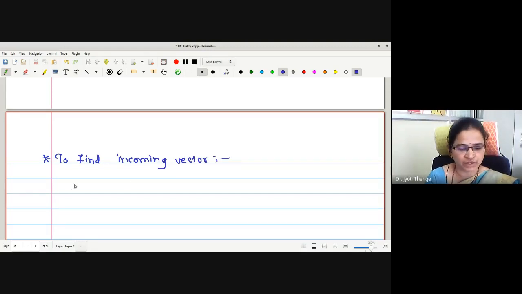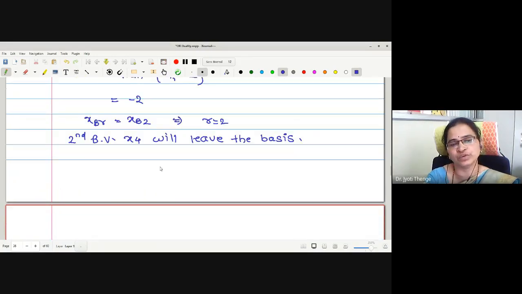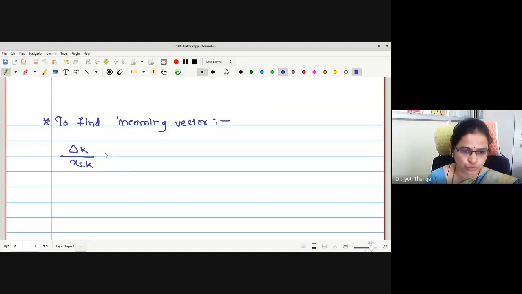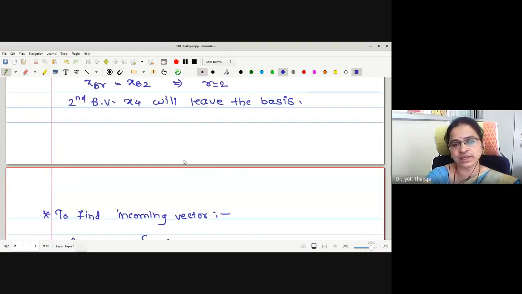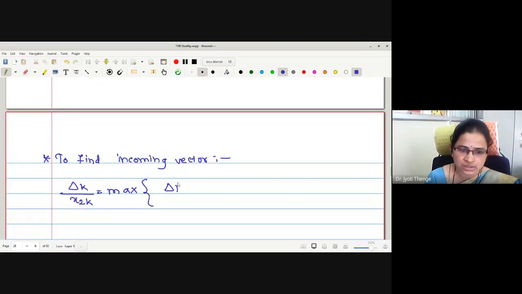To find the incoming vector, what is the formula? Delta k upon x2k, which is maximum, because r equal to 2 we got. Shall I write the formula first? This is delta j upon x2j, provided x2j less than 0.